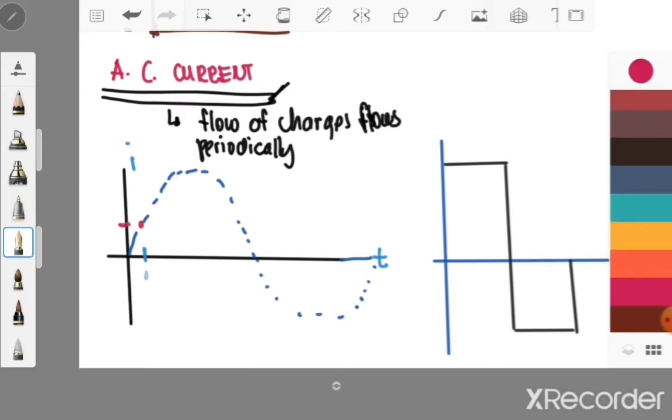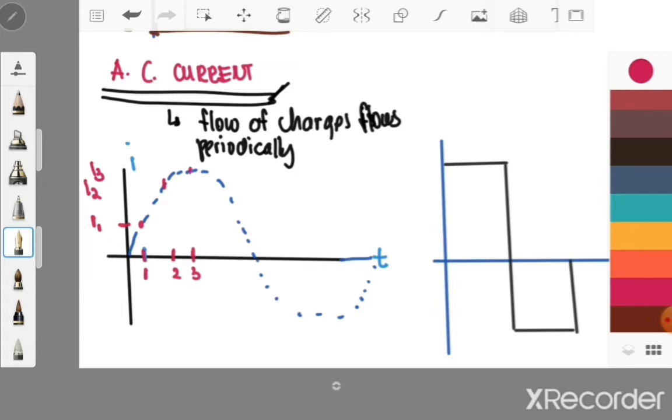Let's say this will be your I1 at 1 second. And then if you have a current at, let's say, 2 seconds and 3 seconds, you have, let's say, here, right? You have I2 and I3.